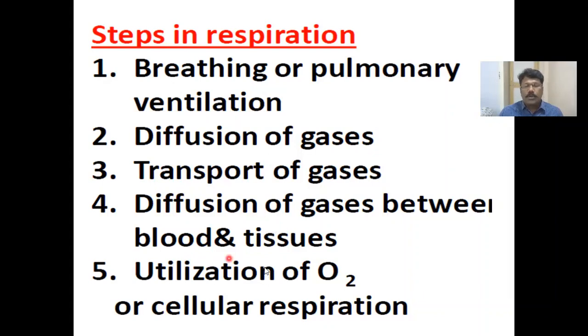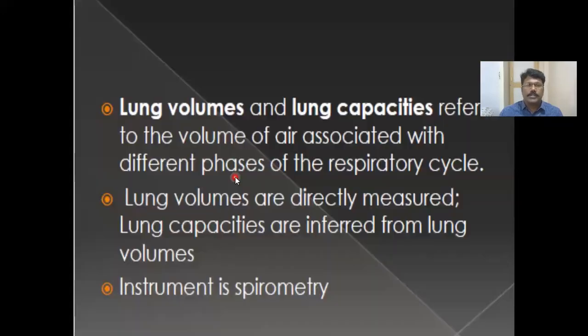Now, once the oxygen enters into the cell, it utilizes it for the oxidation of energy-rich compounds like glucose, amino acids, and the fatty acids. And this we call cellular respiration. Okay. So I hope you have a clear understanding of the different steps of the respiration.